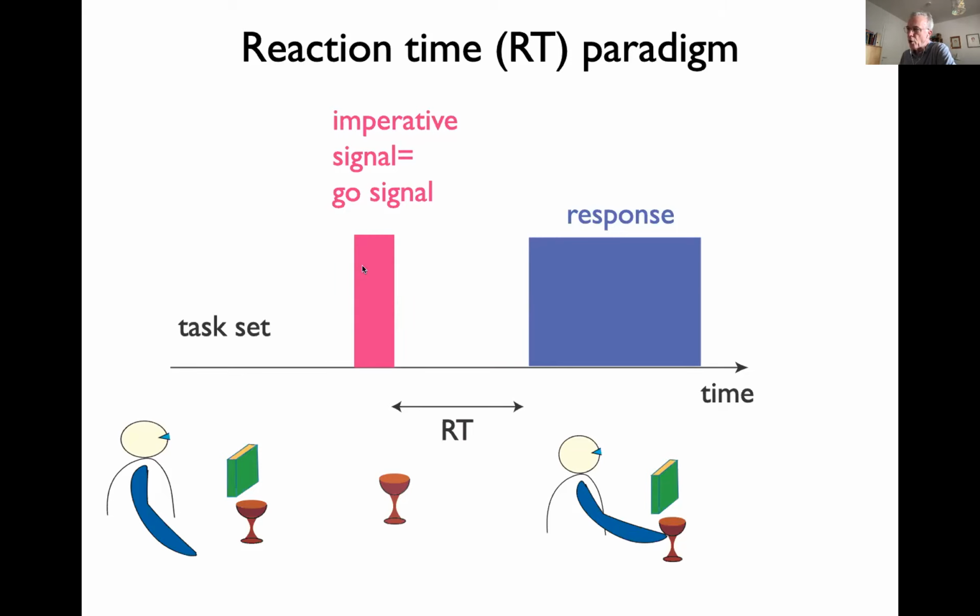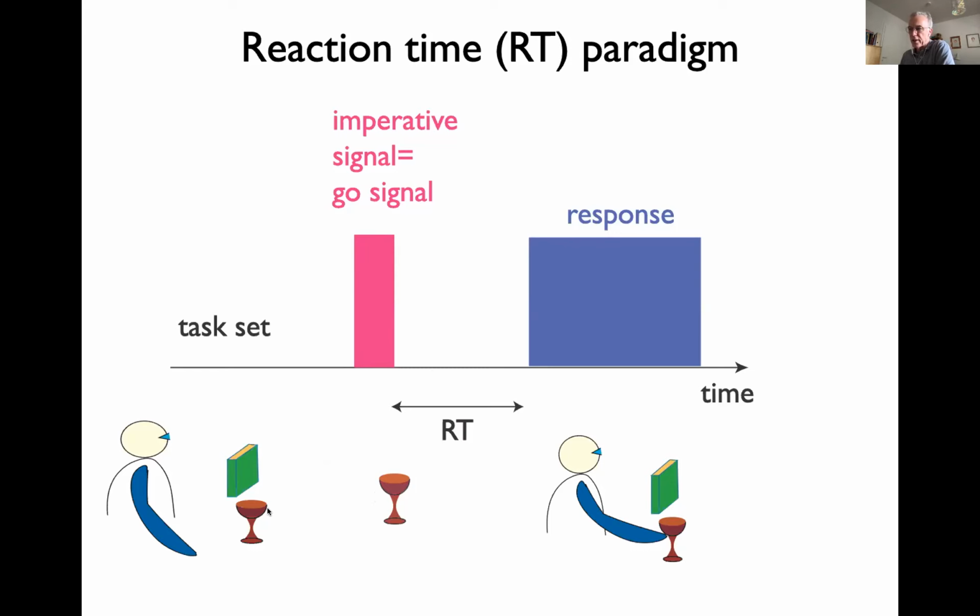Subtly, I'm talking about the onset. So let's say this is instantaneous, the onset of the go signal to the onset of the response. And very critically, often not theorized enough, is the fact that all of these experiments refer to something called a task set. That is, the differences between different conditions are relative to what the possible signals are that you could have.